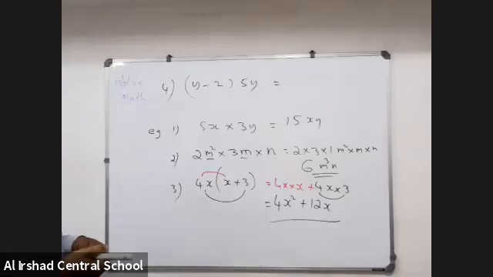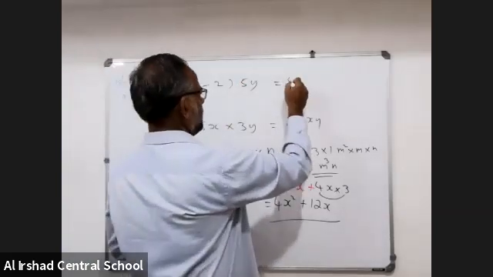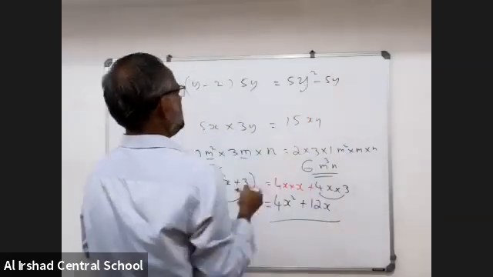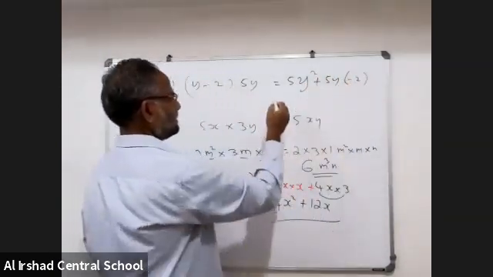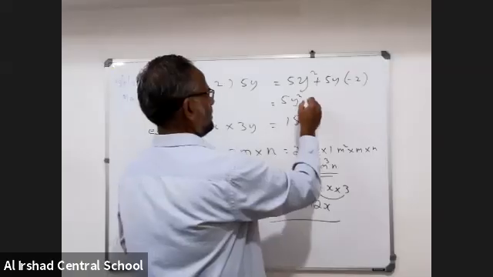What is the answer? 5y into y, that means 5y square. 5y into minus 2, what is that? 5y into minus 2, so the answer is minus 10y.